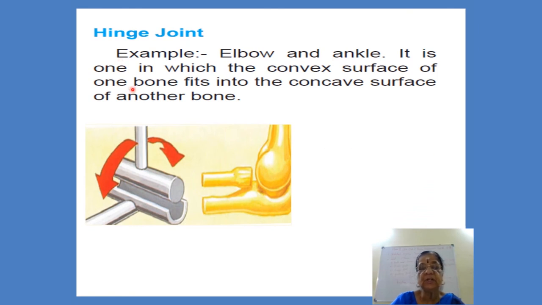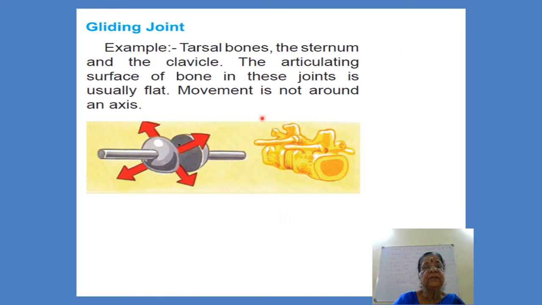Next, the hinge joint. In the hinge joint, movement goes in one direction only, it will not go the other way. Examples are the elbow and ankle. It is one in which the convex surface of one bone fits into the concave surface of another bone. The next one is the gliding joint. Example, the dorsal bones of the foot, then sternum and clavicle. This is the chest portion in the middle, the ribs. That is the sternum, and the clavicle is the collar bone.